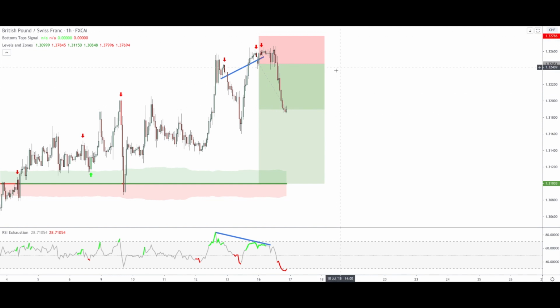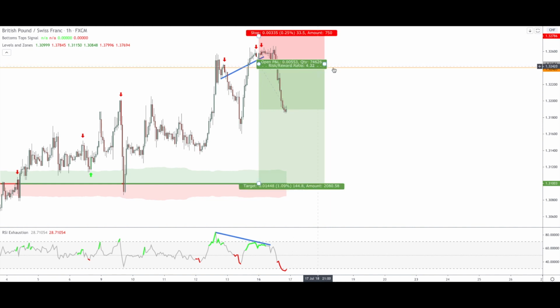And since this price action is really fast and it's already quite far away from the entry price, I already decided to move the stop loss to break even. So right now I am at break even and I'm on a risk-free trade, which means that in the worst case scenario, if the price comes all the way back up here, I am out of the trade with a tiny profit.